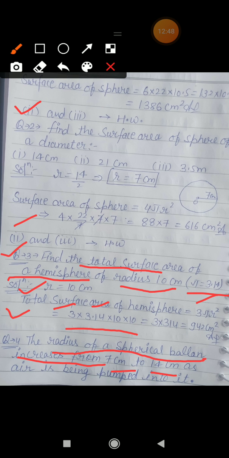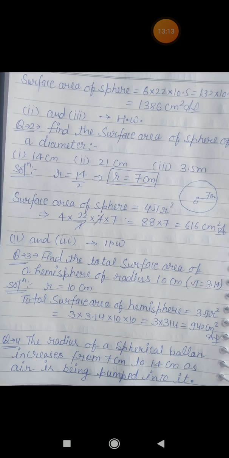So this question says, if you pump any balloon, its radius increases. Here the radius is given as 7 centimeter, and when you pump in the air, it increases to 14 centimeter. So now you have two radii. The first radius is 7 centimeter, the second radius is 14 centimeter of the balloon.